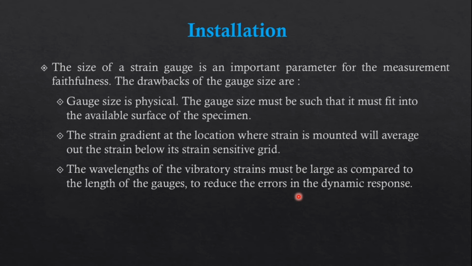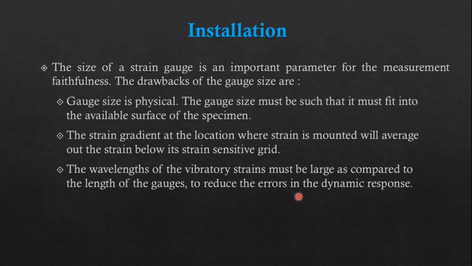The largest possible gauge size must be used, as the gauge will then have lower hysteresis, creep, or zero drift and large current carrying capacity. So the strain gauge circuit must have high input impedance, because the resistance needs to be very high.